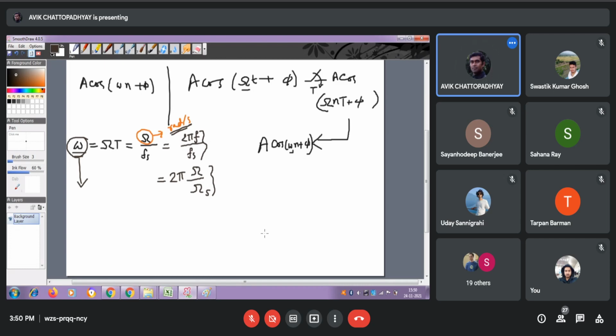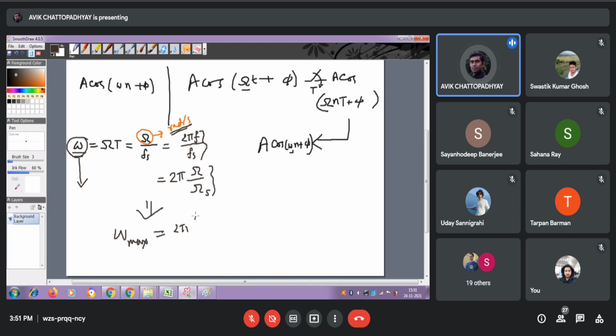Now, what is the maximum frequency, omega max, that we can attain just by looking at this formula? It is basically 2 pi f by fs. As I've already mentioned, in the digital signal case we cannot go beyond half the sampling frequency, that means f would be at most fs by 2.